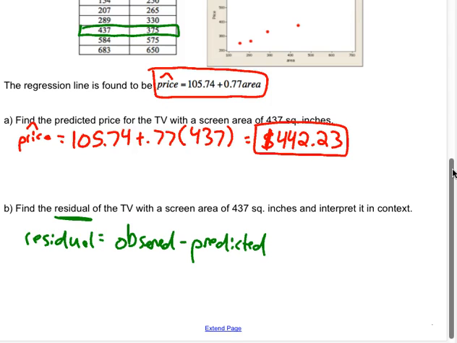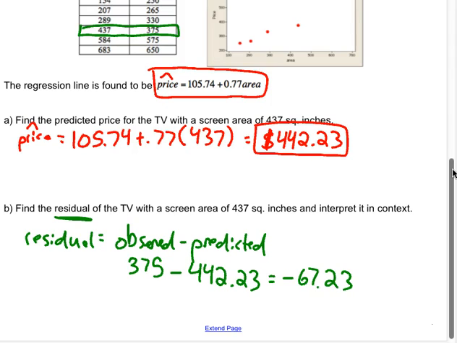Okay, so we actually do have an observed value for this, $375, but we predicted 442.23. So 375 minus 442.23. So the residual is negative $67.23.